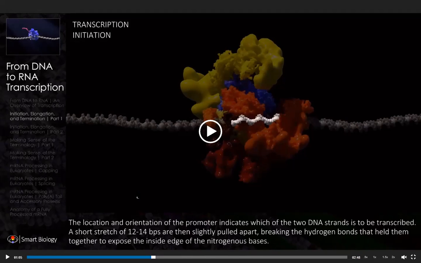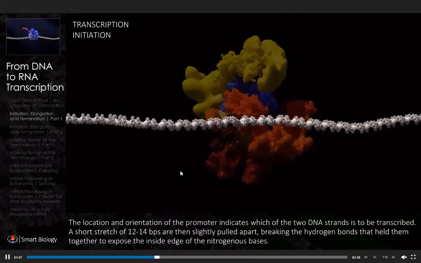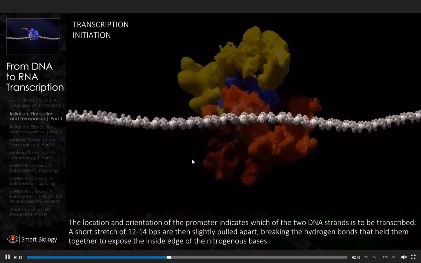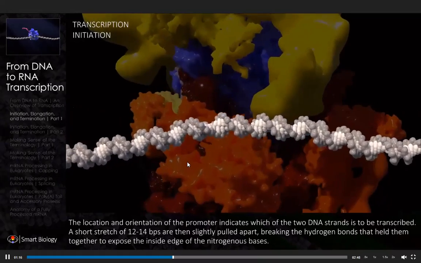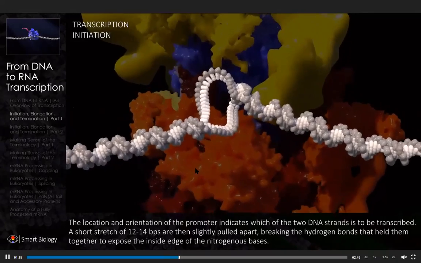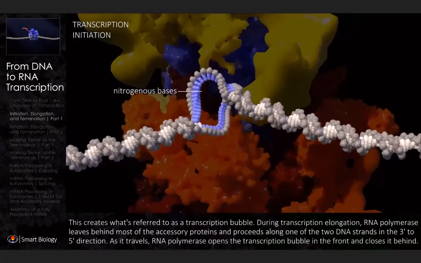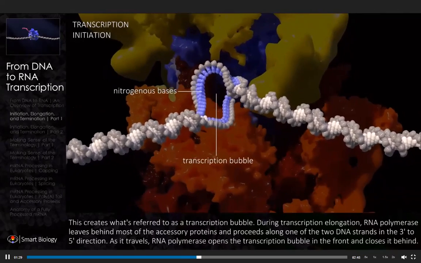So this is a partial denaturation that happens in the DNA with the help of enzymes that are located in this whole complex. And then we have the exposure of the specific sequence of the promoter. So here we have the separation. So this creates a transcription bubble.